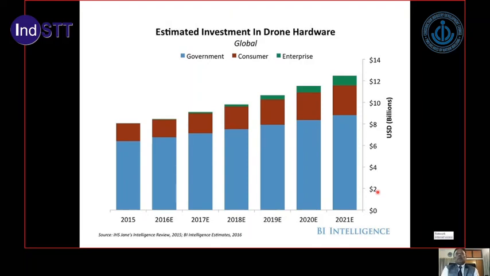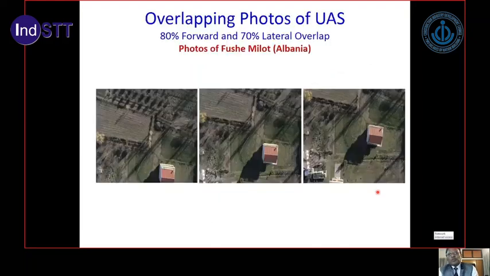Okay. Some of the photographs which you see here are taken with the help of drone technology, and once the images are taken, they are taken with some overlap region so that you can create a 3D model. Sometimes 80% or 70% overlap is there to create a 3D model. You can also create the orthophotos.